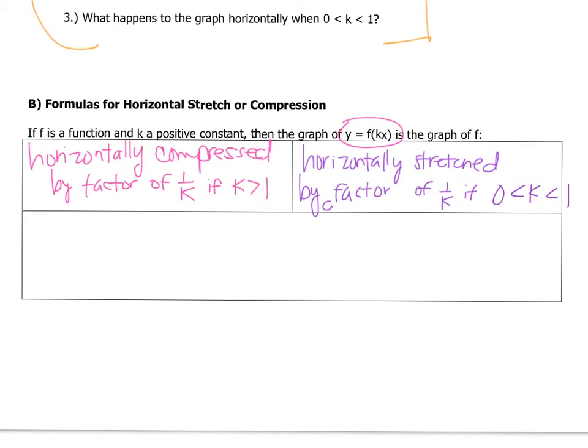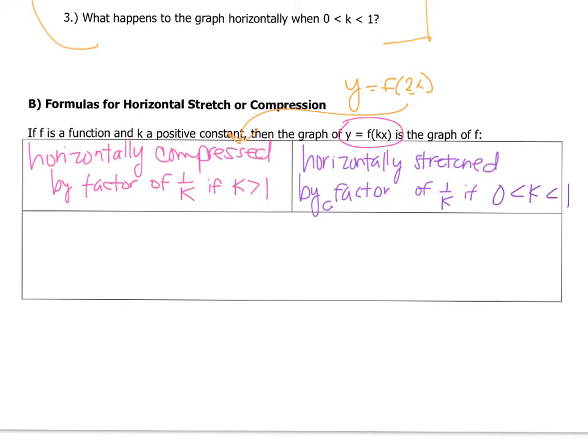So this is kind of counterintuitive. For instance, if you had y equals f of 2x, you might think that that is a stretch because of that 2, but remember, those inside changes are counterintuitive.